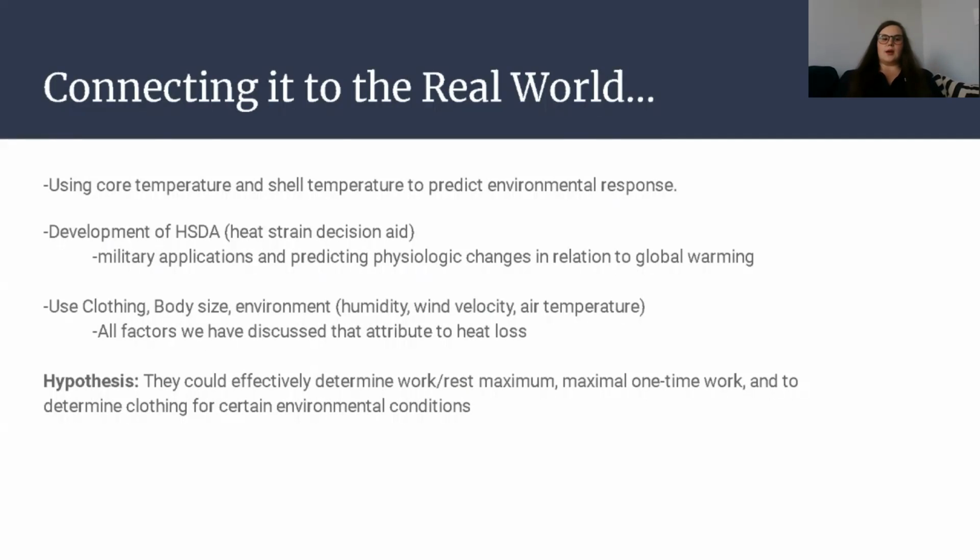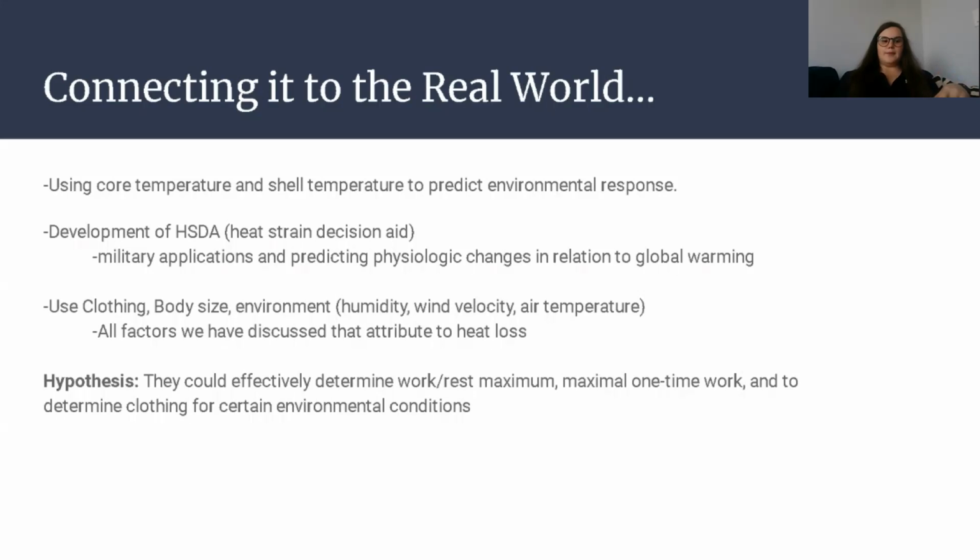So it would be a military application just to predict some physiological changes in relation to global warming, or where troops are going to be sent, what kinds of things they may be dealing with, which I thought was kind of interesting. And then they use that to touch on how these different things are changing in response to the environments.